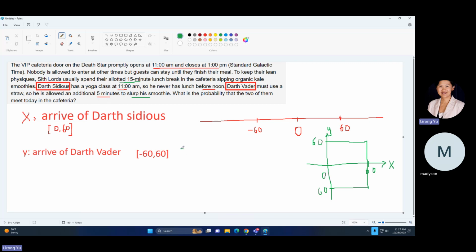So for Y, by the time he arrives, the leaving time will be Y plus 20, because this person is allowed to stay 5 minutes longer. Now X can only stay for 15 minutes, so X arrives at X, that is a moment. So this person gets to stay only 15 minutes.